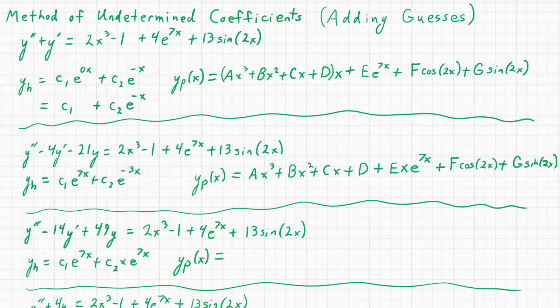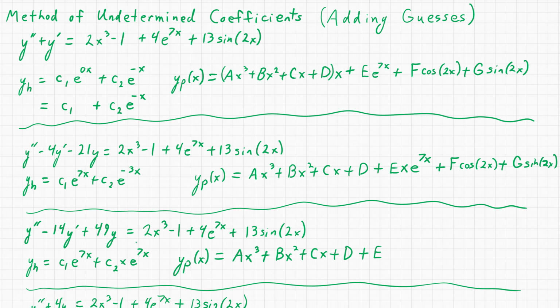We have y double prime minus 14y prime plus 49y equals the same thing. So this one we're going to have two problems with the e to the 7x term. Let's just go through the polynomial. We're going to guess cubic: ax cubed plus bx squared plus cx plus d. None of those are one of the homogeneous solutions, so we're fine. But then I have my capital E, and I can't write e to the 7x because that's one of the homogeneous solutions.